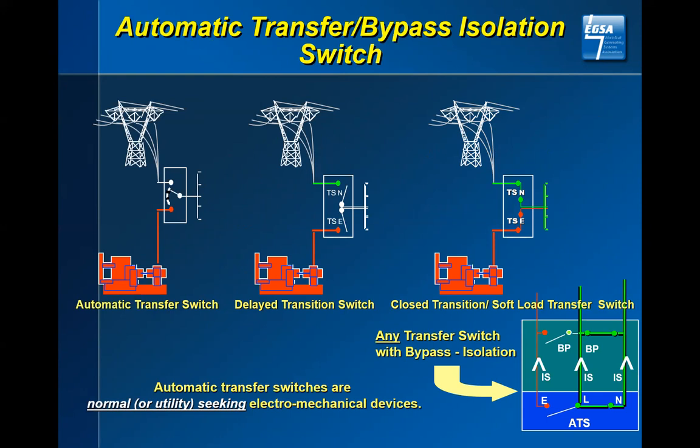One of the comments still on this slide is a soft load transfer switch. Getting back to the point that I made to you earlier, in all three, the automatic, the delay, and the closed transition, whatever the total load is connected downstream transfers in one amount. When you look at what's referred to as a soft load switch, you will close the generator to the utility and possibly pick up 50 or so kW.